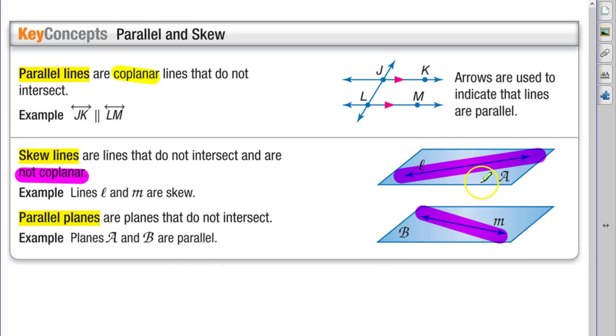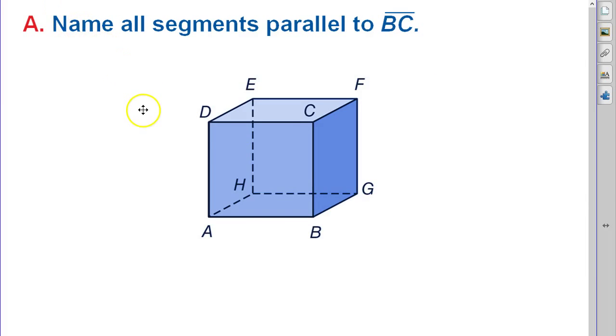A and B are different planes, but more importantly, they're never going to intersect, so that's why we call them skew. Parallel planes, pretty obvious, are planes that don't intersect. We already talked in the last chapter that if two planes intersect, they form a line, so we've already got that covered too.